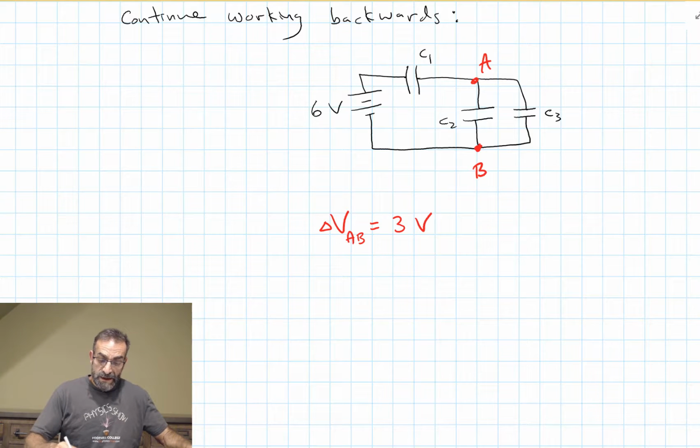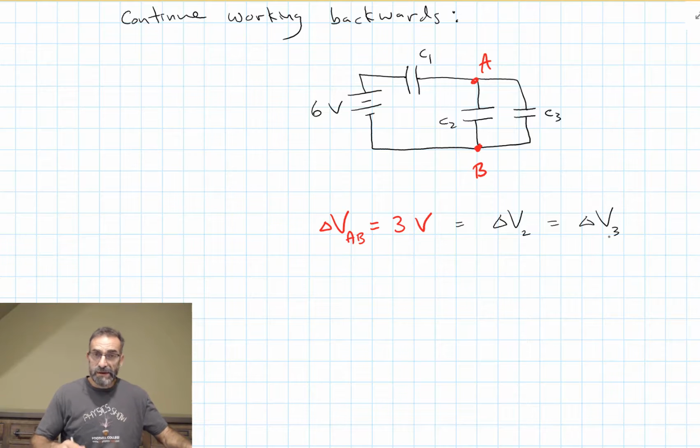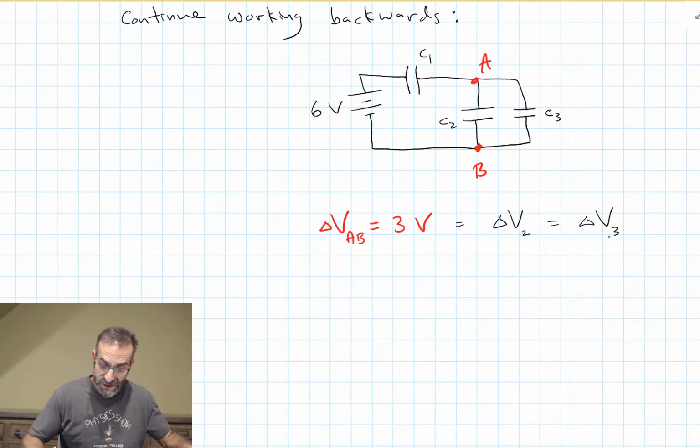And the potential difference is the same on every capacitor in parallel. So that's equal to the potential difference across capacitor 2, and it's equal to the potential difference across capacitor 3. So I know the potential difference on each of those. Now I can figure out the charge stored because I know the capacitance of these. They're each 1 farad.